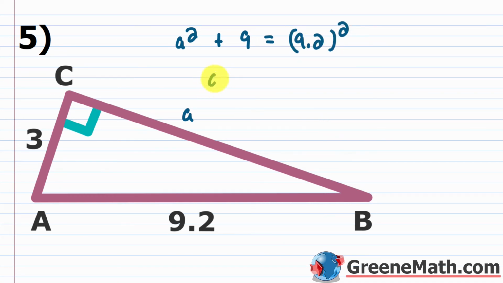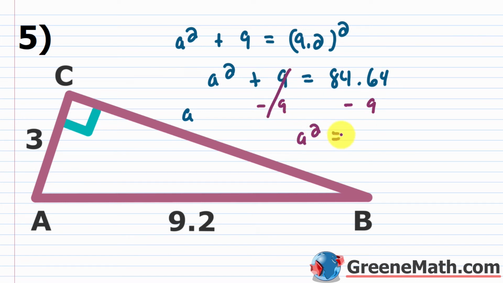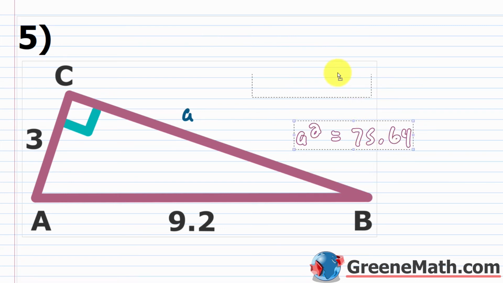So this is going to be a squared plus 9 is equal to, if I square 9.2, I get 84.64. And I'm just going to subtract 9 away from each side of the equation. This would cancel. You'll have a squared is equal to 84.64 minus 9. That's going to give me 75.64. Let me slide this up right here.